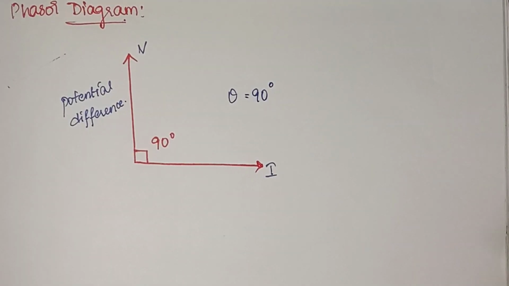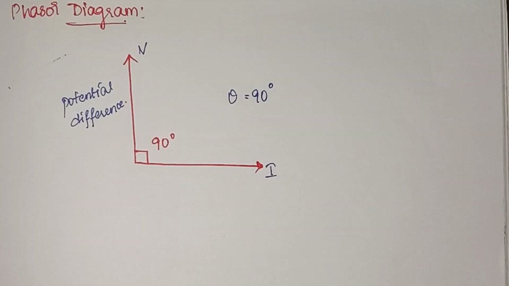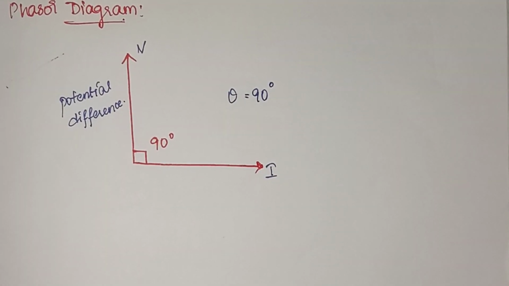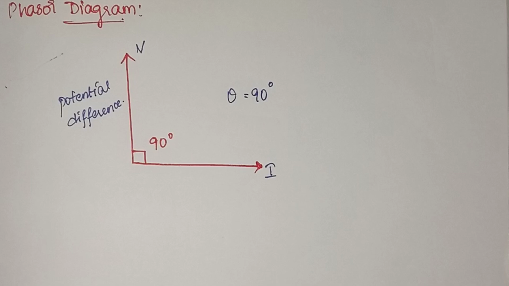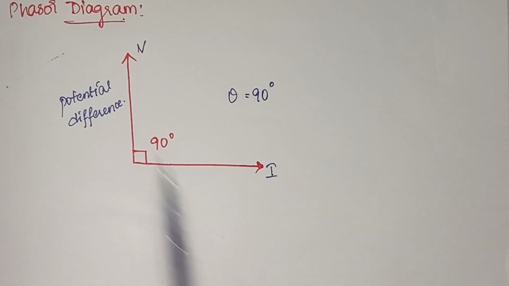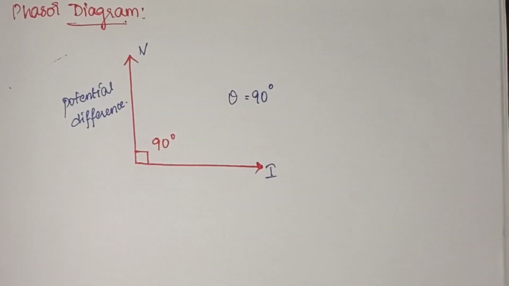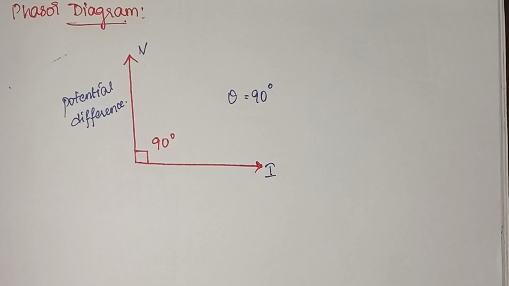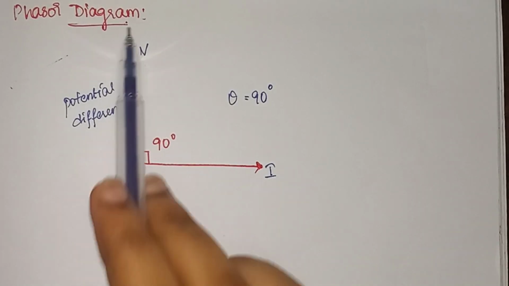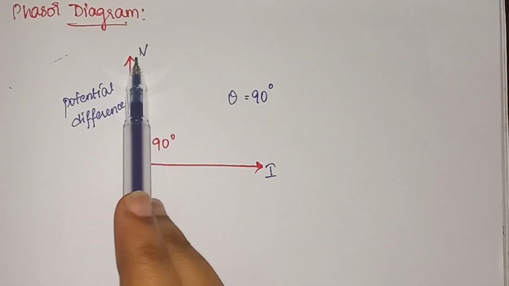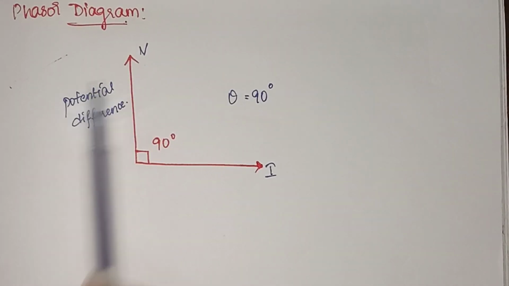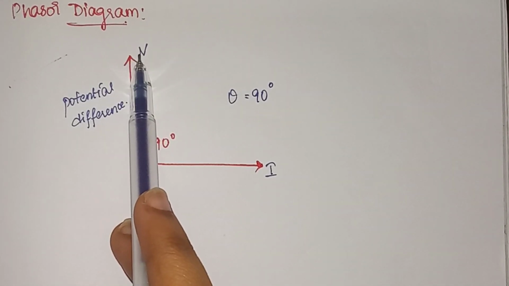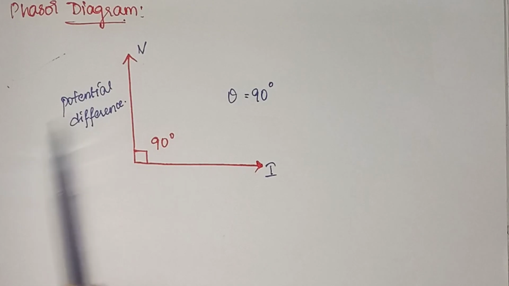Okay. Now in the resistor part we dealt with lead and lag, which I already told you that this lead and lag concept will be coming in your inductor part. Now how can you tell that this particular point is lead and this particular point is lag? In any given phasor diagram, the topmost value which you have, suppose I am having this as V, so my V will be the leading point. If I have here I, then I will be my leading point.